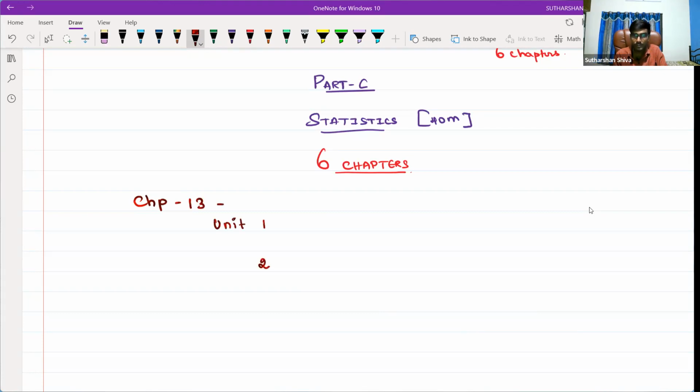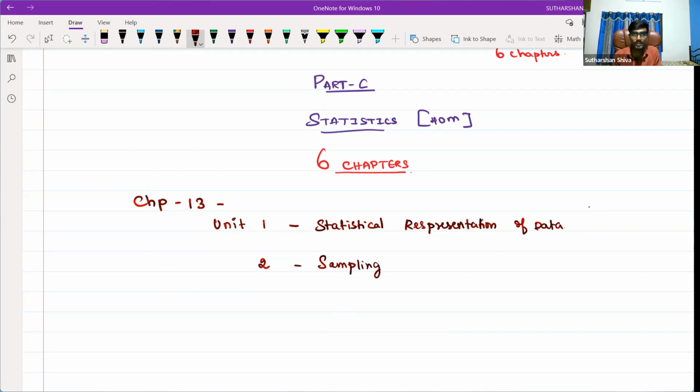Unit 1 we will name statistical representation of data. Very simple: what you have learned about the pie diagram, bar diagram, histogram, what statistics is and how it is derived, everything you will learn in statistical representation of data. In unit number 2, only one thing has been included in the new syllabus, that is sampling.